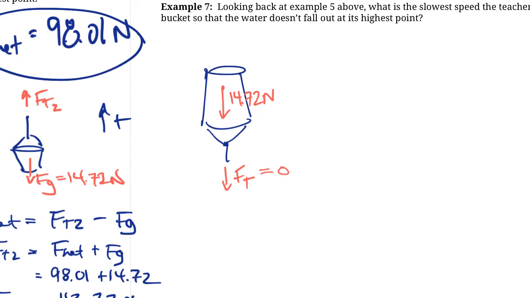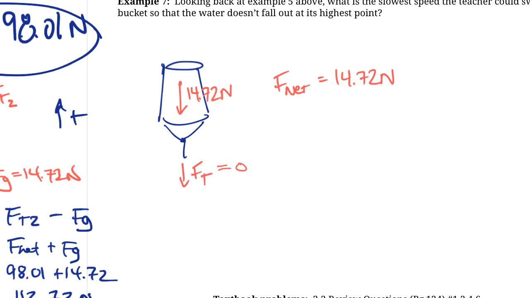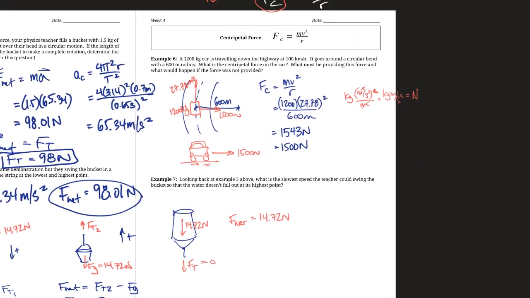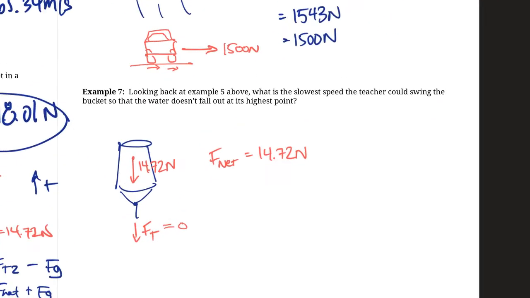So if this is the case, we know the only force acting on this bucket is going to be the force of gravity. So the net force is going to be 14.72 newtons. And if we know the net force, can we figure out the speed based on this? Well, we can, because remember, the net force is the centripetal force. The centripetal force is the net force.